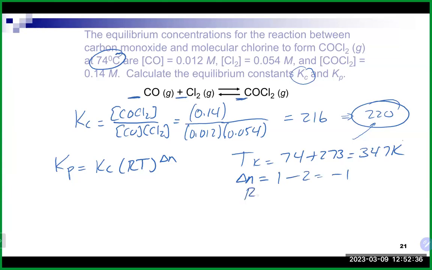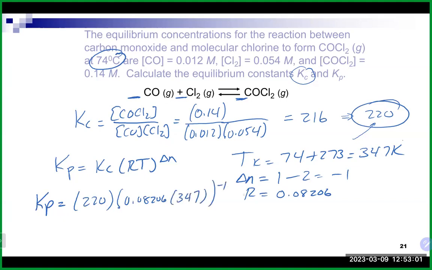R is the gas constant. I use this number because it was beat into my head, but if you want to use the 0.0821 number, that's all right as well. That should be everything we actually need now on the right-hand side. So Kp would be, depending on which one you want to use, I'll use the 220 here, 220 times (0.08206 times 347) to the -1. By the way, you want to multiply first and then take it to the -1, right?